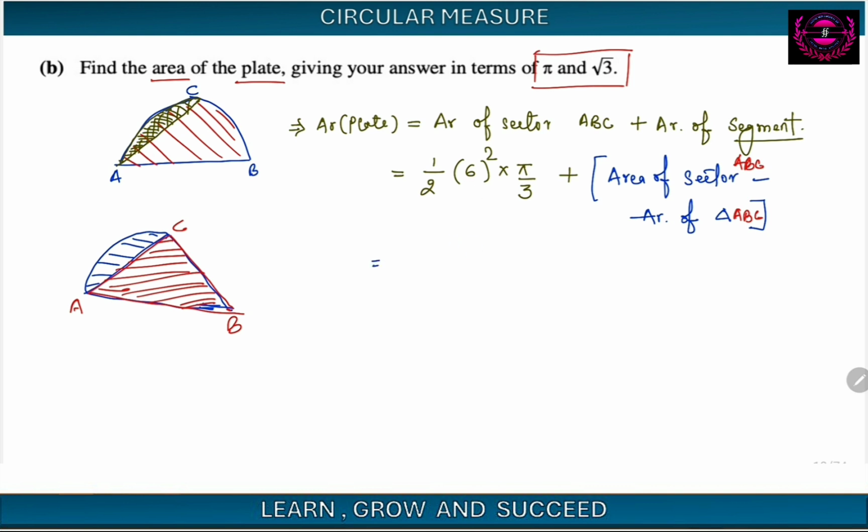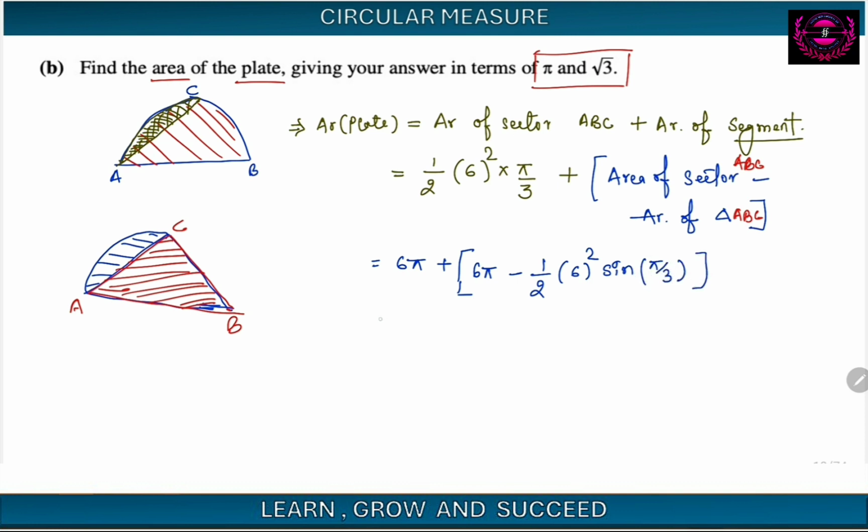So area of sector is half r square theta, which is 6 pi, plus area of sector again 6 pi, and minus area of triangle. Using area of triangle as half xy sin theta, I will take xy as r square, which will be 6 square again, and sin theta, theta is again pi by 3, 60.